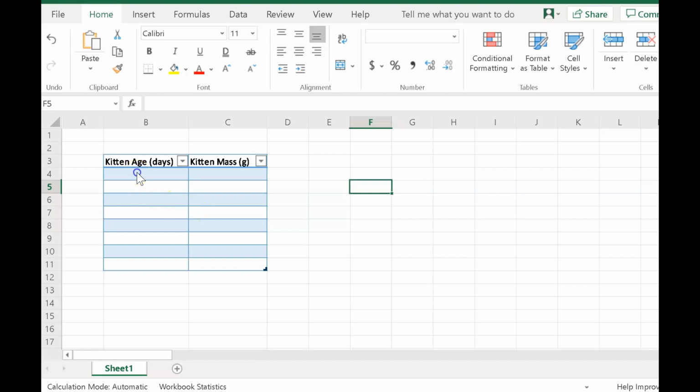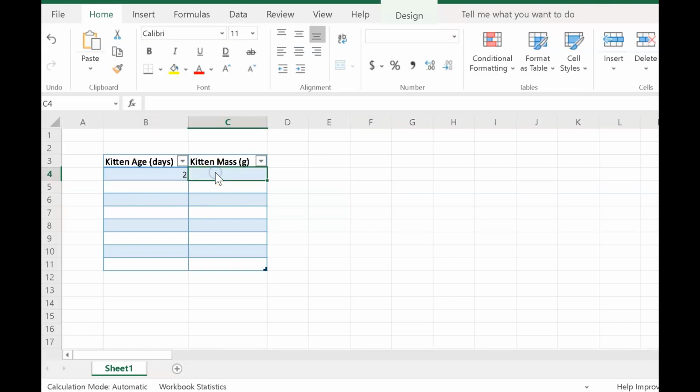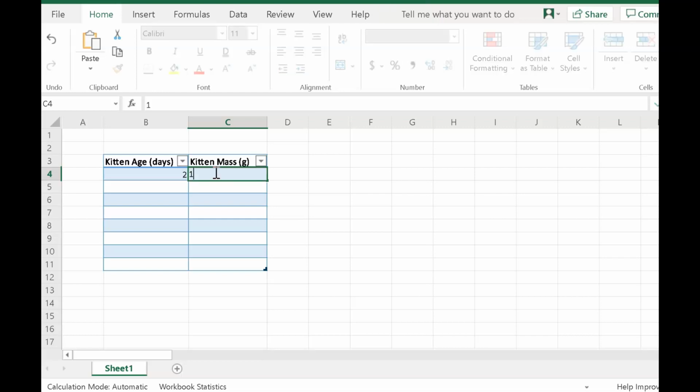Okay, so let's see what we have here. I have a measurement when the kitten was 2 days old, and the mass of the kitten when the kitten was 2 days old was 105 grams.